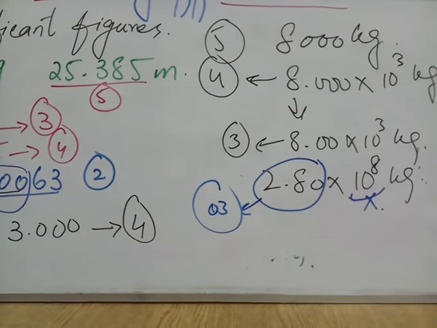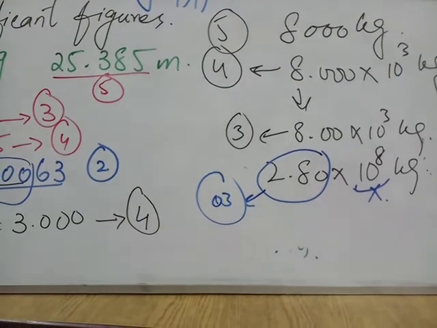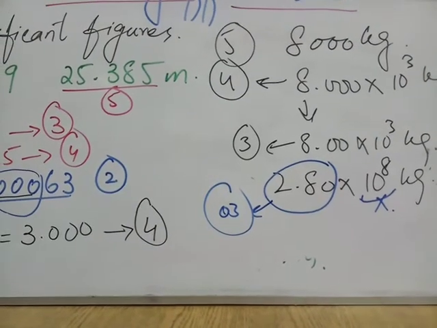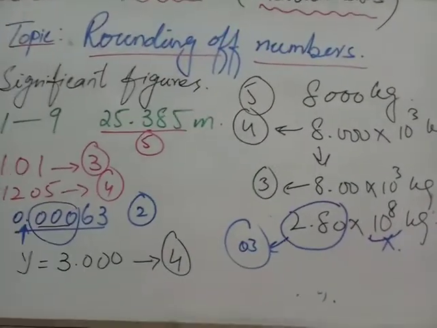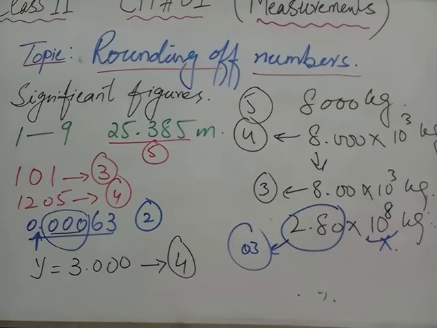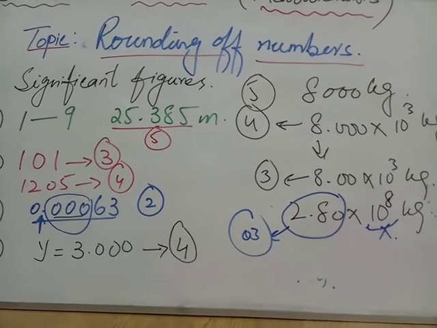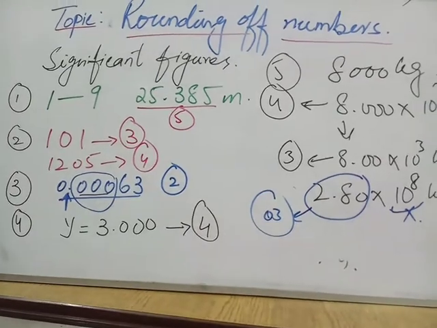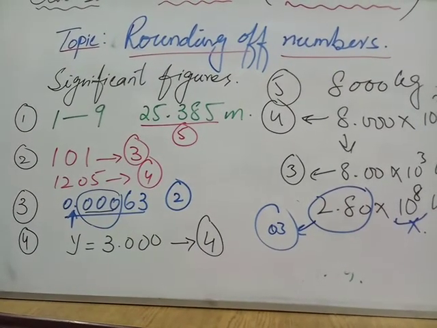So these values have 3 significant figures: 2, 8, 0. For the other two types, we will describe them in the next topic.